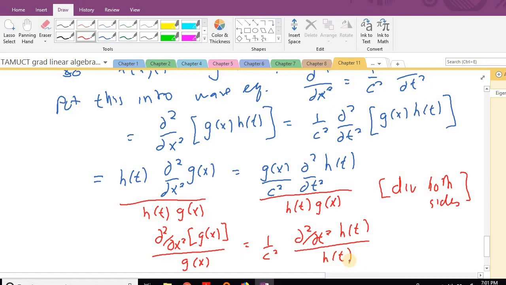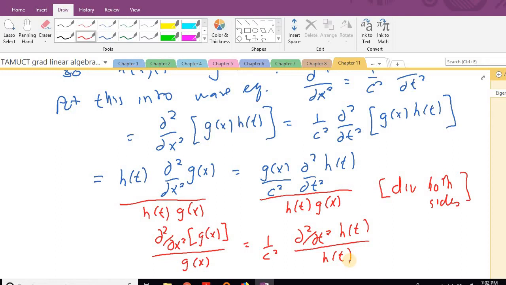Not quite. Suppose g of x were equal to h of t. What would that tell you about g and h? g is a function of x. h is a function of t. How can that be? Wouldn't that be considered inverse?